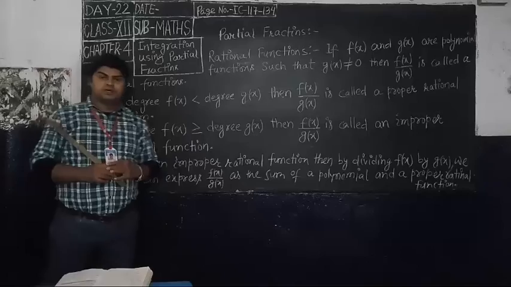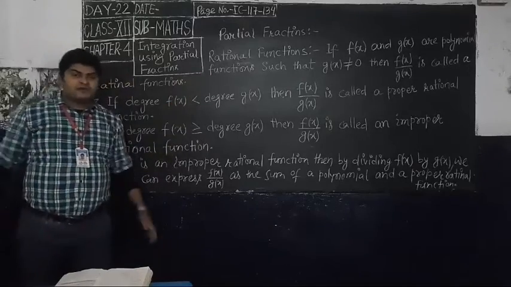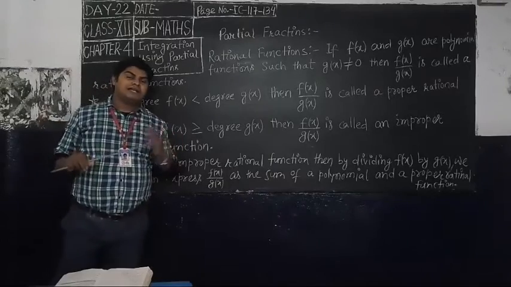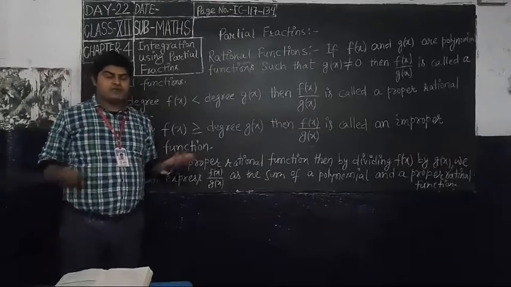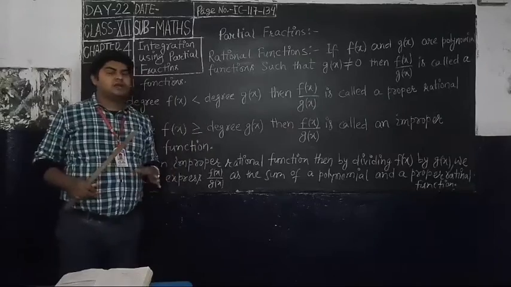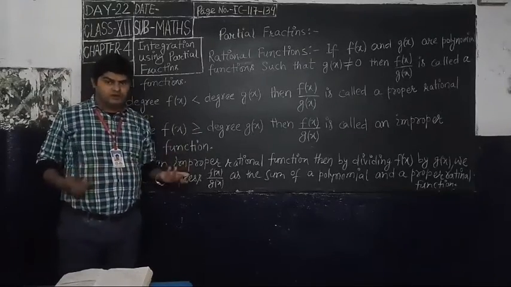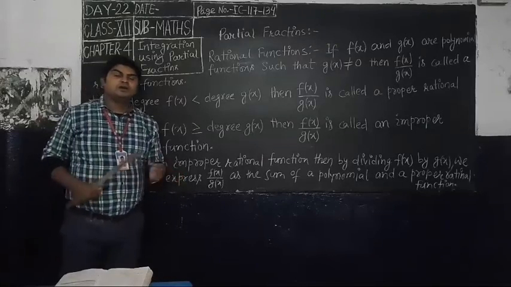What is a rational function? Before discussing this, what is a rational number? It is too easy. You have studied it in lower classes. Rational means those numbers which are written in the p by q form. That is called a rational number.